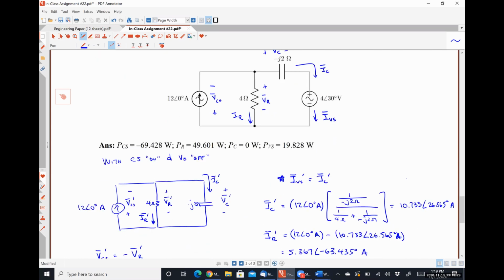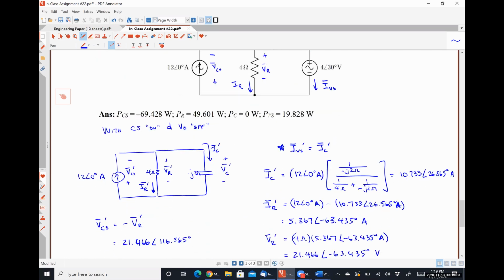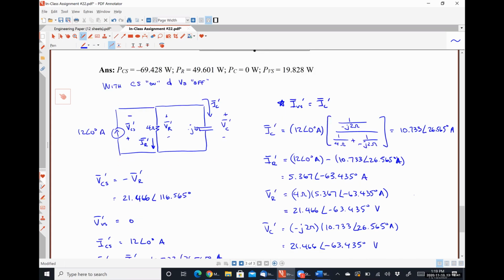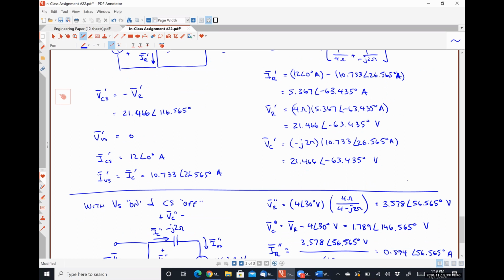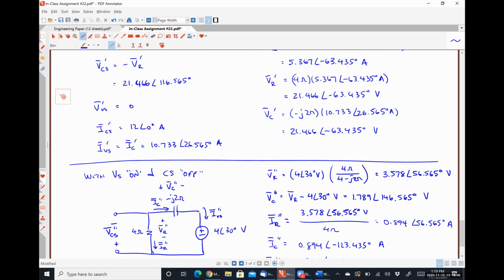So let's see, that is 5.367 with an angle of negative 63.435 plus 0.894 with an angle of 56.565.